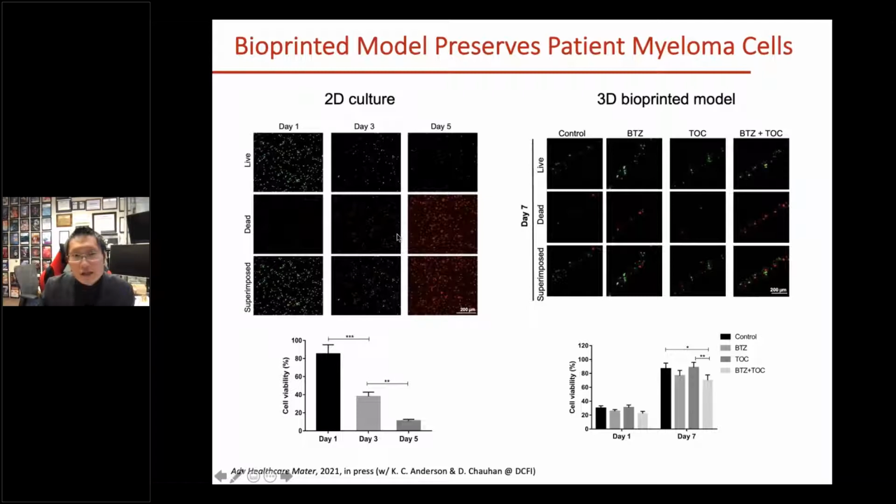By day 3, already half the cells are dead. By day 5, pretty much all the cells are dying off. But if the same cells are incorporated in the bioprinted model that's very biomimetic in terms of the bone marrow-like microenvironment, you can now really prolong their lifespan.